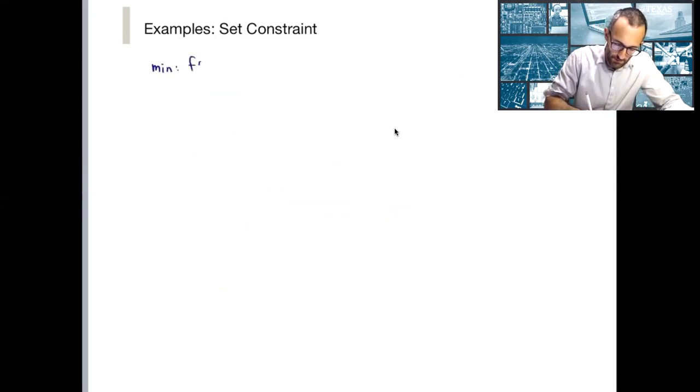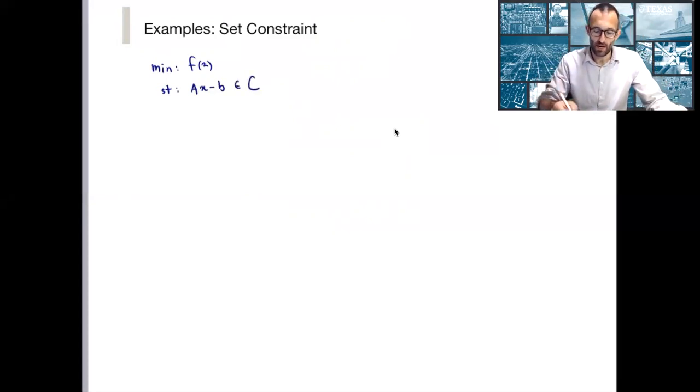Min f of x subject to Ax minus b belongs to C. Now I could have just written x in X, but what I did is I wrote an affine transformation of x belongs to some other set C, just to give it some structure that we're going to exploit. Actually, I'm not giving any structure. Both versions are completely equivalent in general.